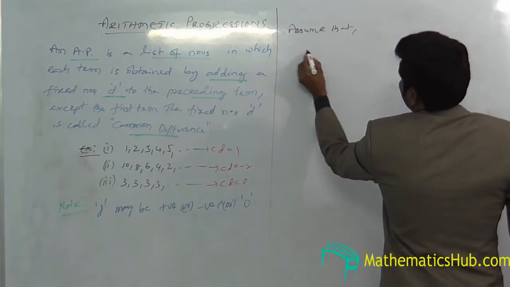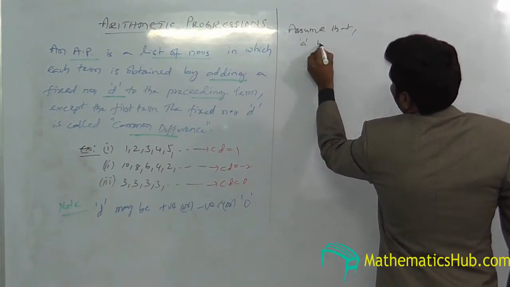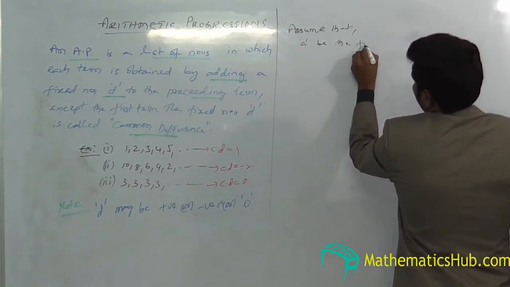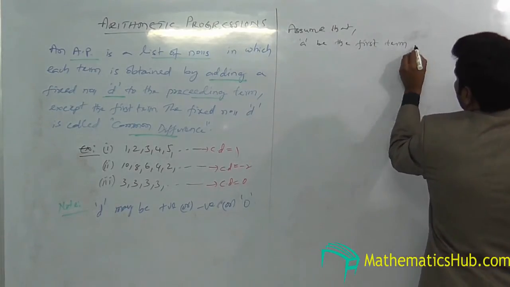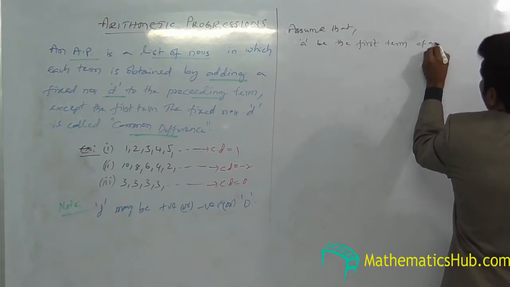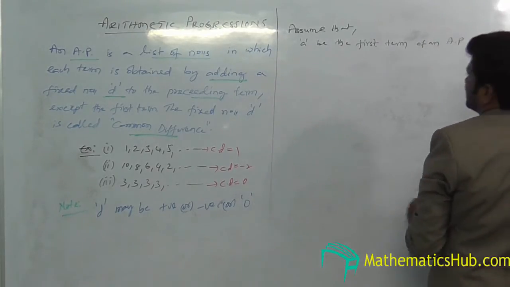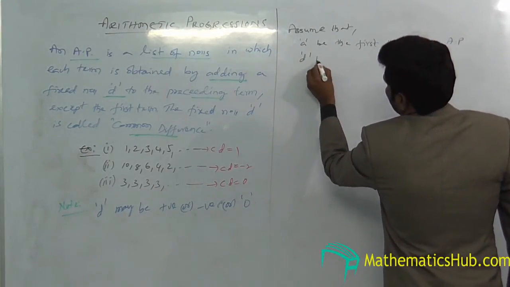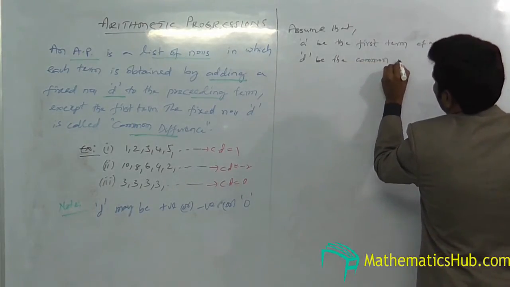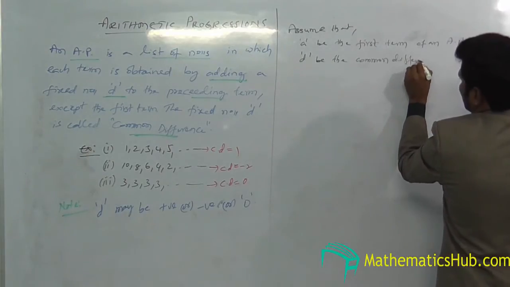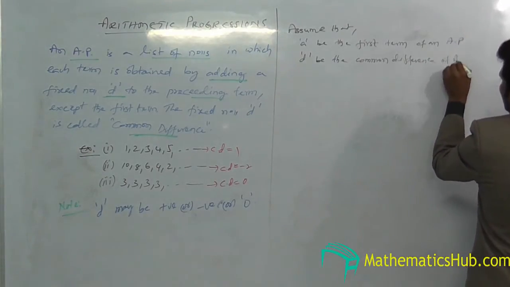Assume that A is the first term of an AP and D is the common difference of an AP.